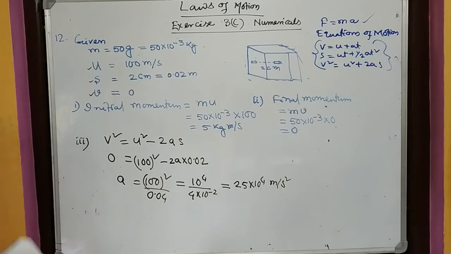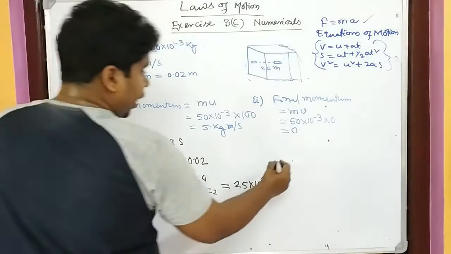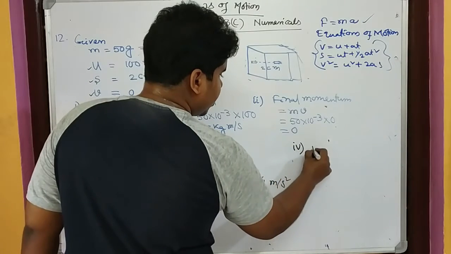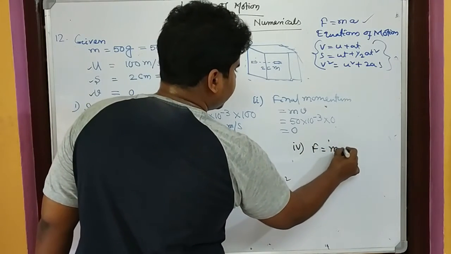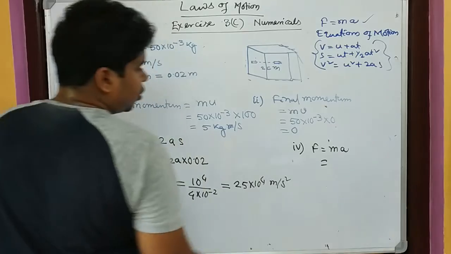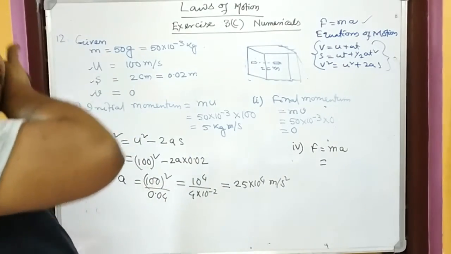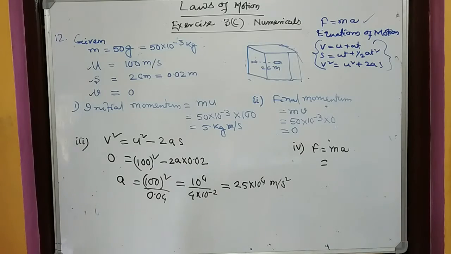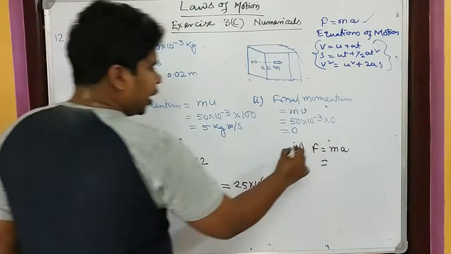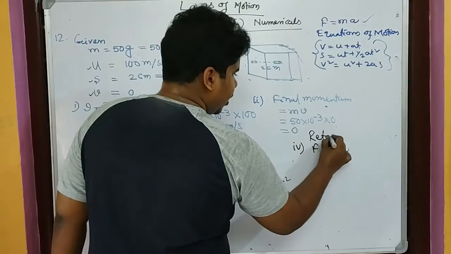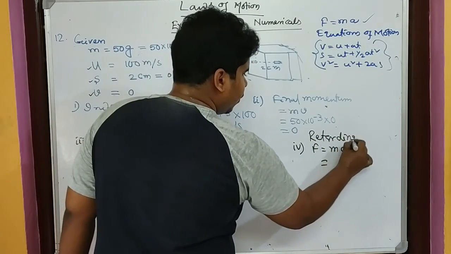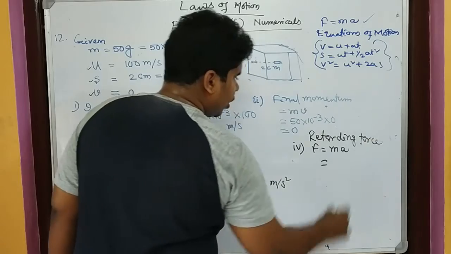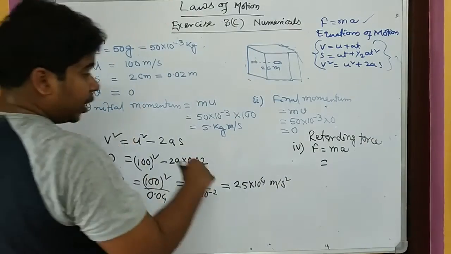Now the question is number 4. Find the force applied. So again we have to come for force. Force equals what? Mass into acceleration. Here A is the retardation, so that force should be the retarding force. What is the value of retarding force here? Mass into acceleration.